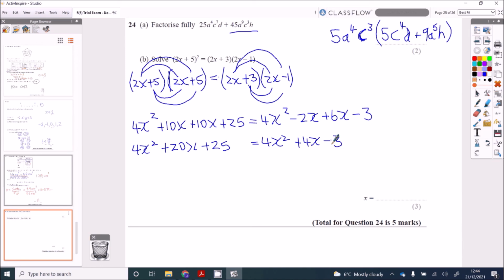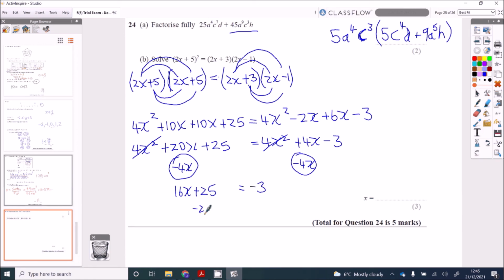minus 3. Now, both of them have got 4x squared. So if we take away 4x squared from both sides, those cancel. That makes it quite nice. So we've got 20x plus 25 equaling 4x minus 3. So let's get all our x's onto the left by taking away 4x from both sides. So we get 16x plus 25 equaling minus 3.